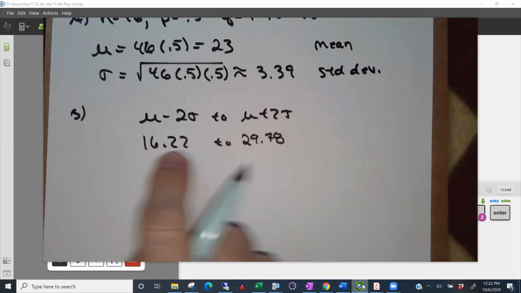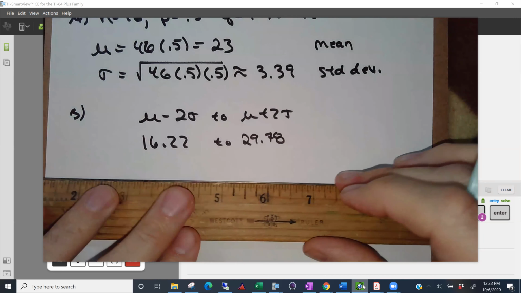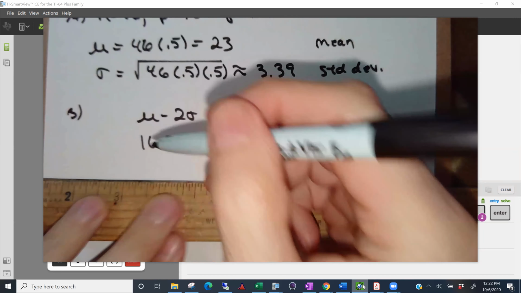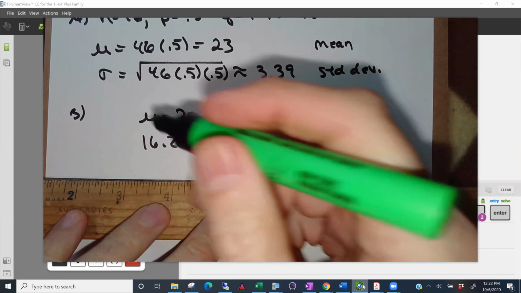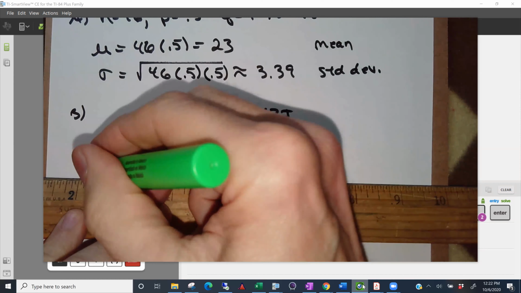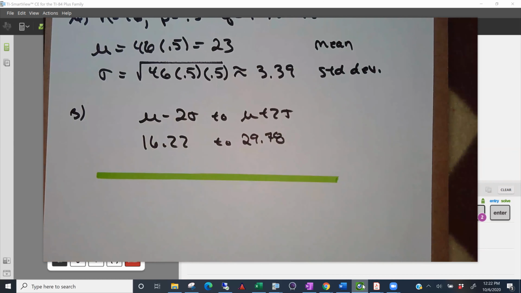So this is what the range rule of thumb says. Well, let's be careful. Can I have 16.22 girls out of 46? Can I have that many girls?